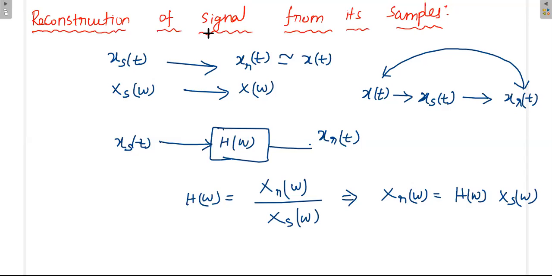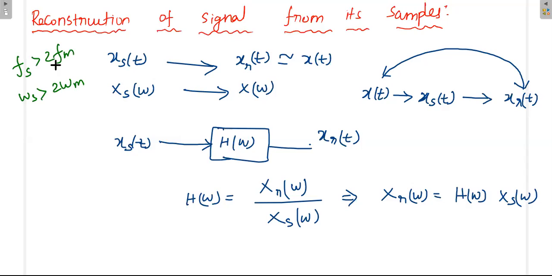That means at the transmitter side we should have used the sampling theorem properly: fs strictly greater than 2 fm, or omega s strictly greater than 2 omega m. Only then can we recover easily at the receiver side.